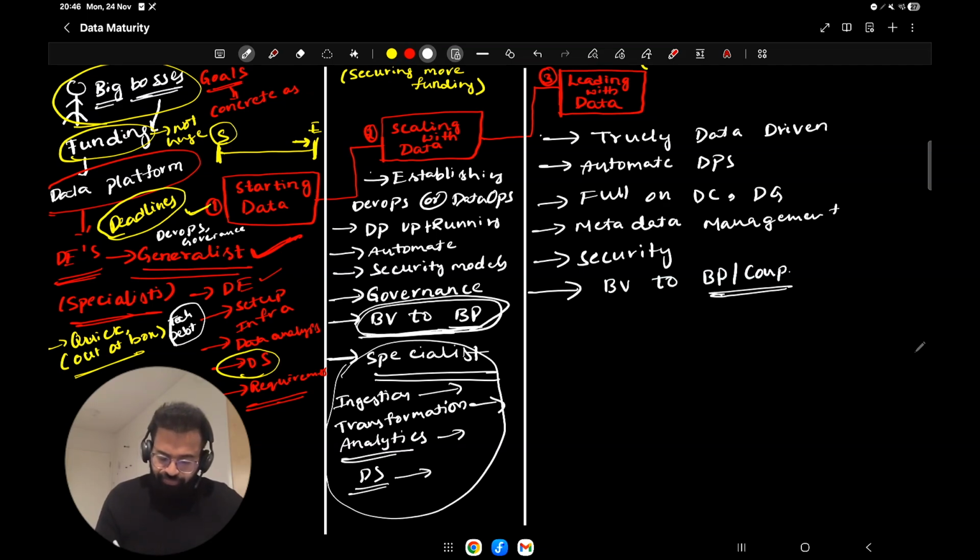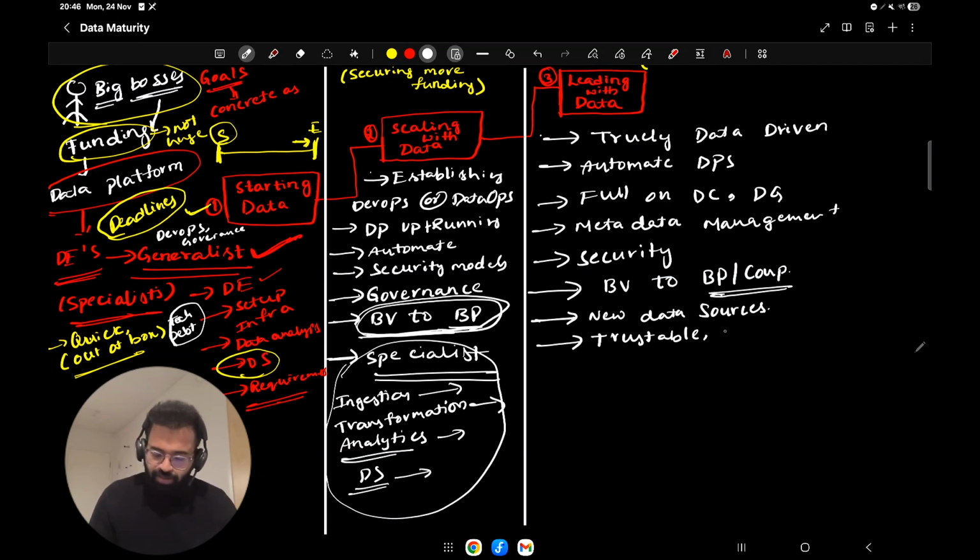In this phase, even if you want to add, for example, new data sources, you should be able to do it in an automated way, and in an easier way. The data in this data platform in this final stage is completely trustable.